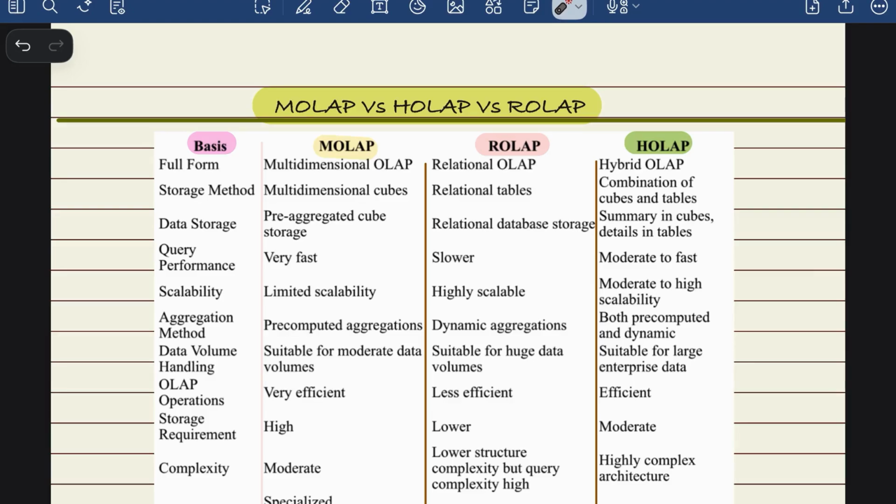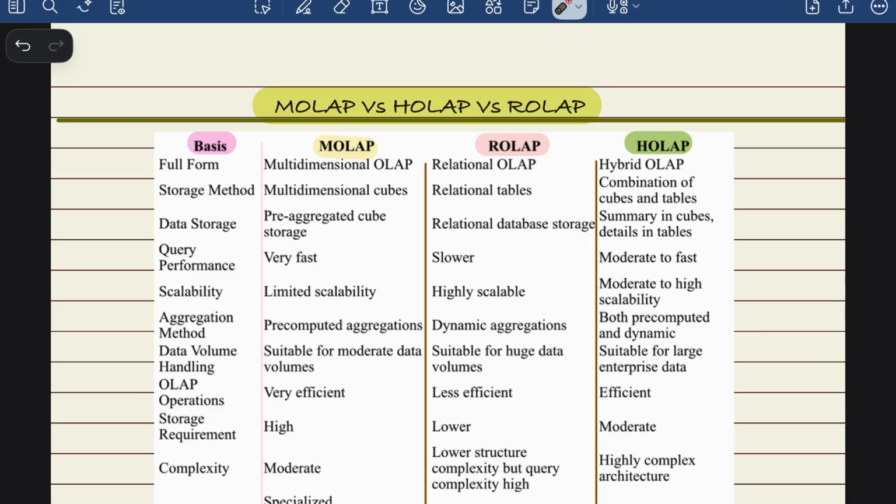Then we have HOLAP. H stands for hybrid. So this is the ultimate mashup. It stores high level summarized data in quick MOLAP arrays for faster execution, but it also has deep granular transactional details which sit inside the relational OLAP, that is ROLAP.